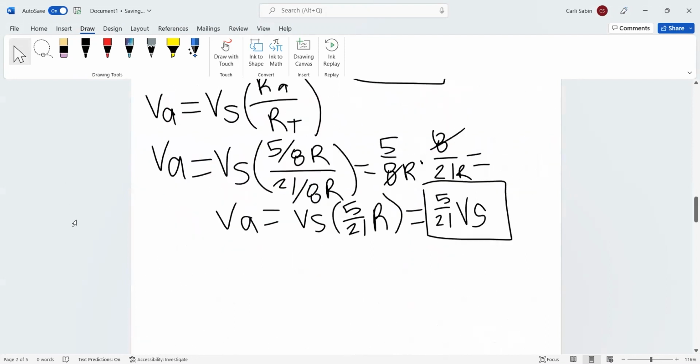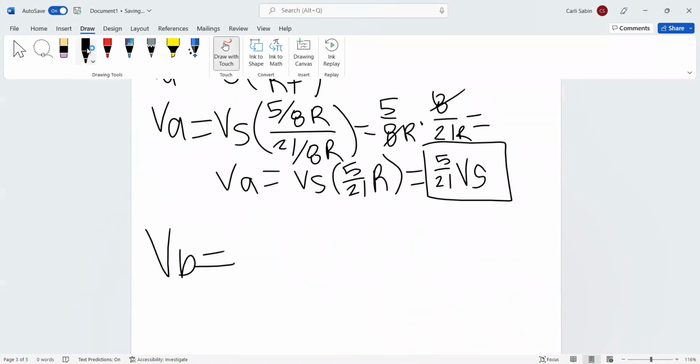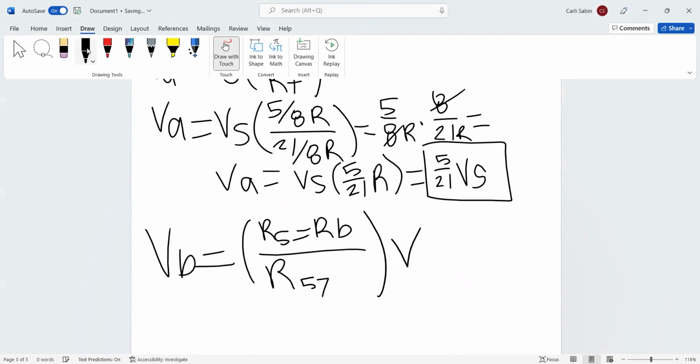So with that, we can go ahead and write our equation like this. It's going to be R5, which equals RB, over the total resistance, which is just going to be R57 in this case, times the voltage.